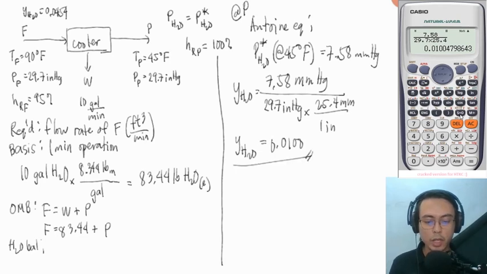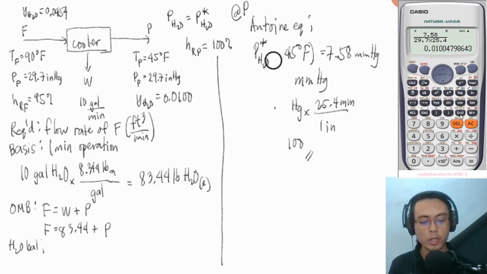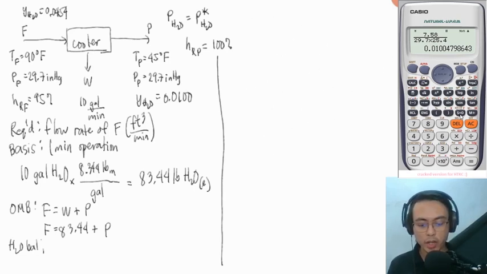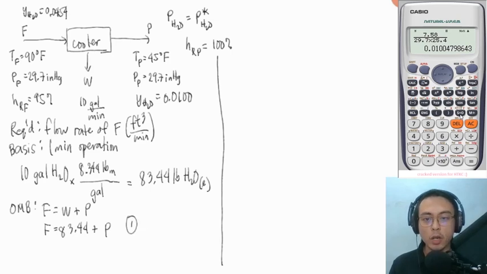If you want to have this at 4 decimal places, it's okay. Okay? So we now have the mole fraction of water in the product side as 0.01. Now we can continue our material balances. So the material balance would just carry out as usual. We now have our equation number 1 coming from the OMB.